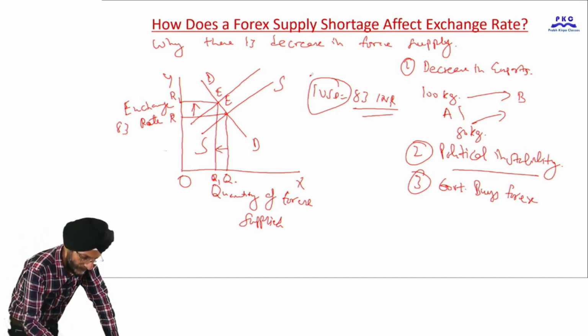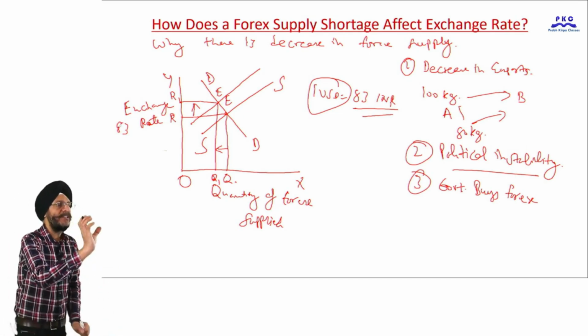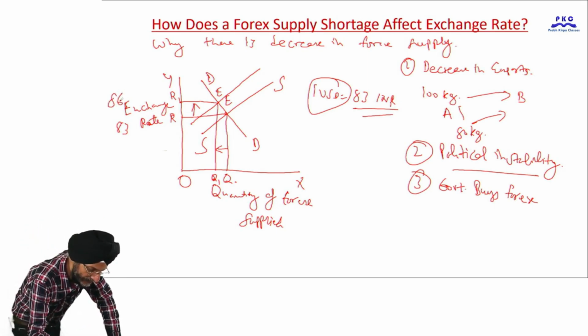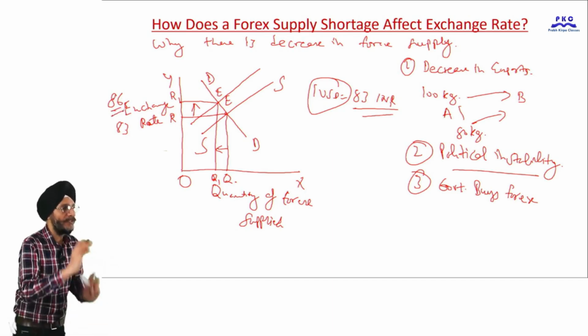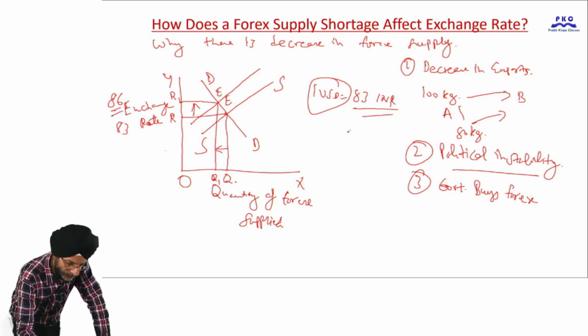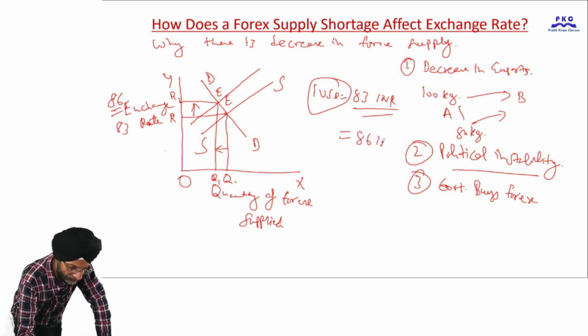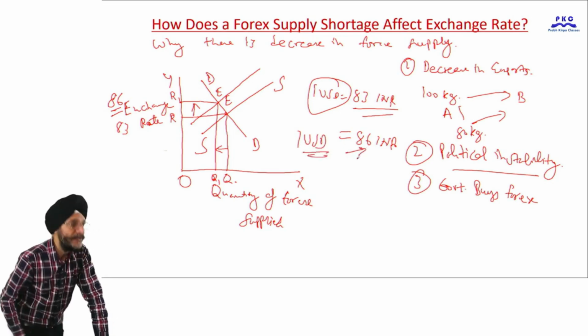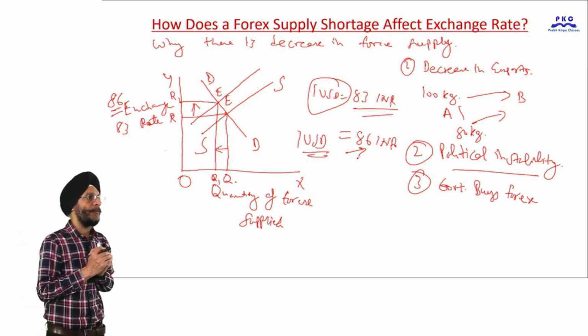It means that earlier we used to pay 83 to get $1. Now we have to pay say 86. We are just taking an example. Earlier we were getting $1 for 83 rupee, but now to get $1 we will have to pay 86 Indian rupee.